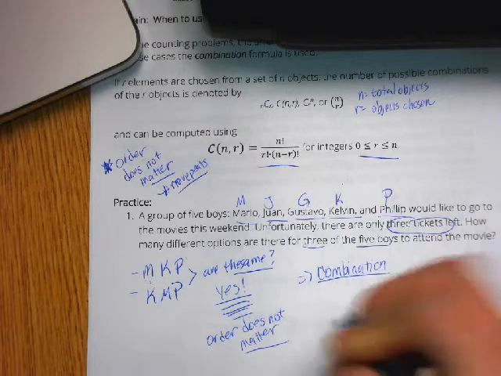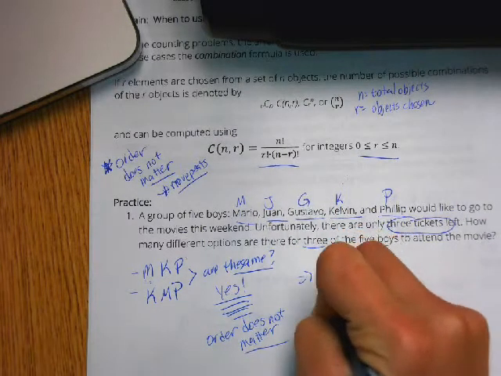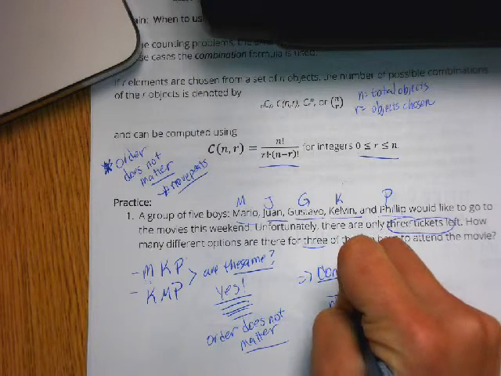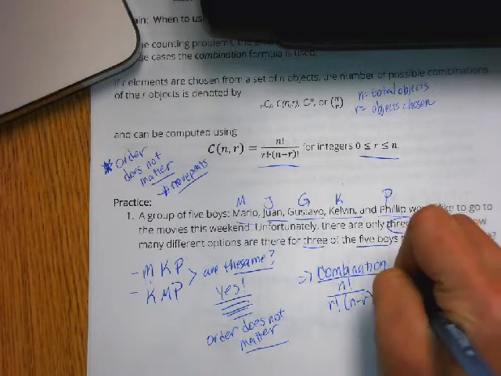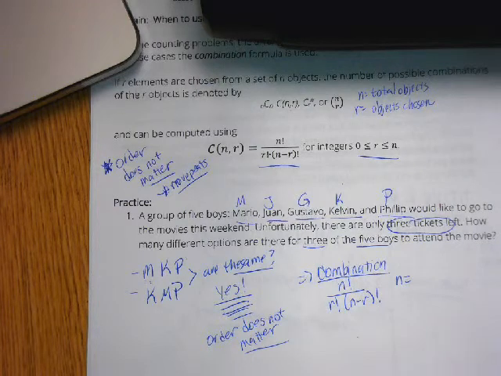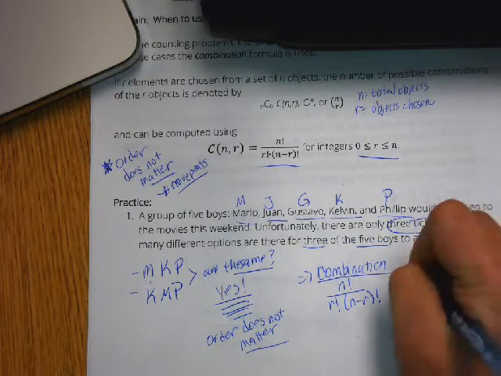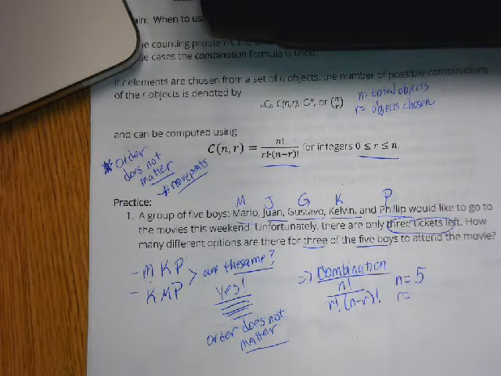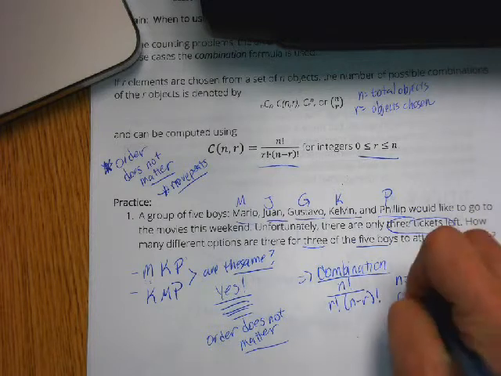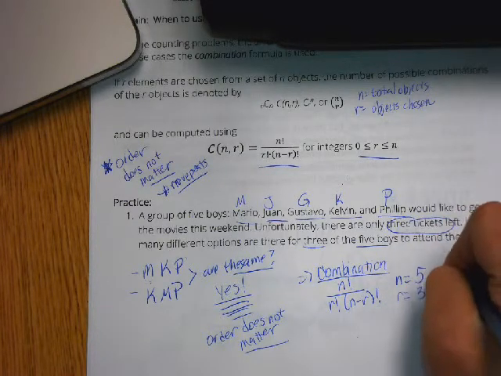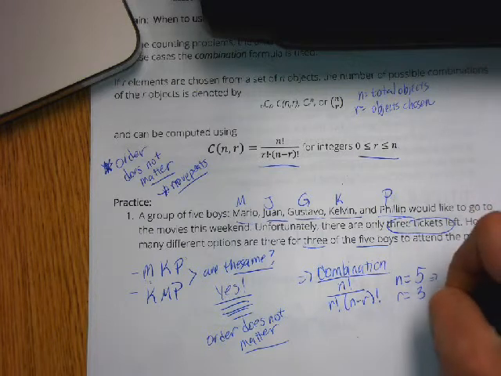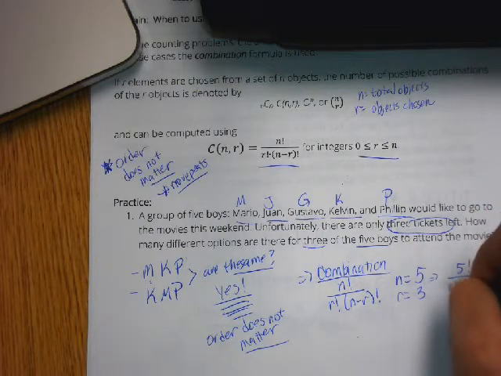Because order does not matter, this is a combination formula. So the combination formula is n factorial divided by r factorial times n minus r factorial. N is the total number of objects, so that's 5. The number that are actually going to the theater is 3.